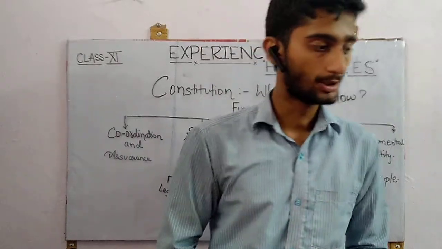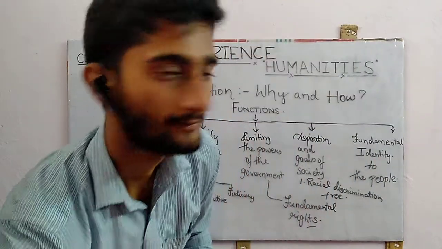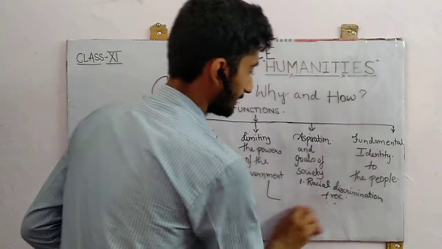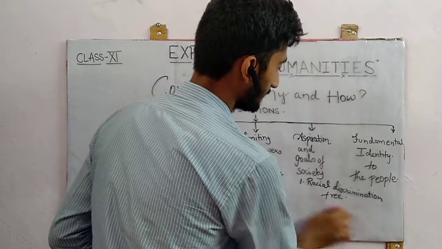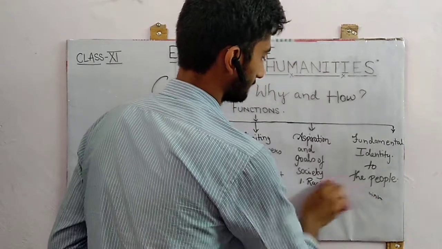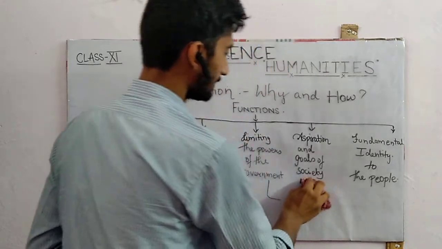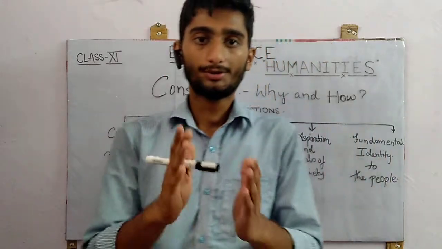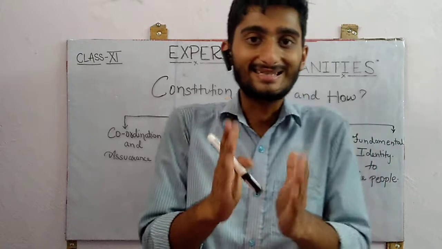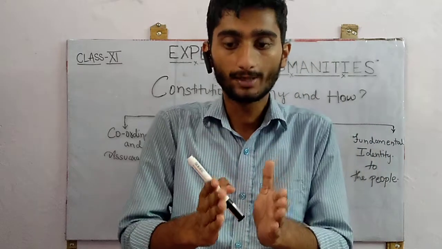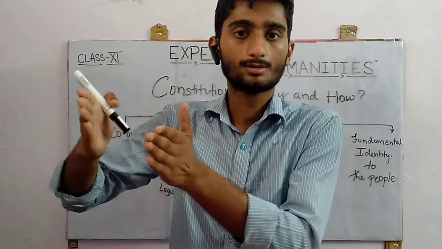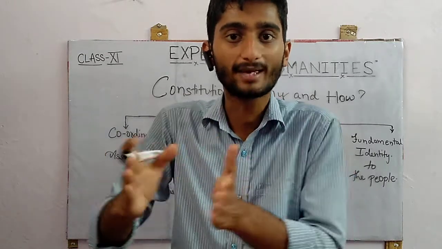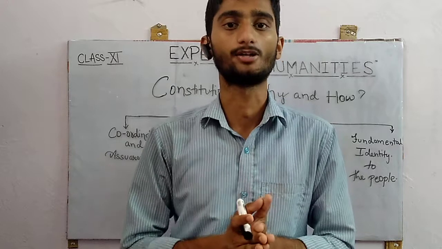So moving on to the next function, we have the fundamental identity of the people. Now, identity in the sense refers to the existence of any citizen in a country, the proof of existence of any citizen in a country.